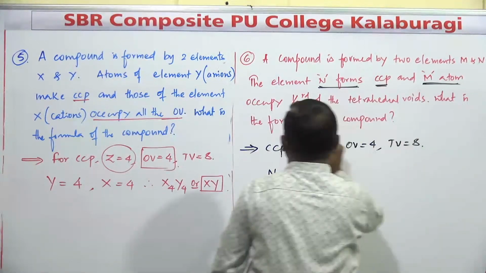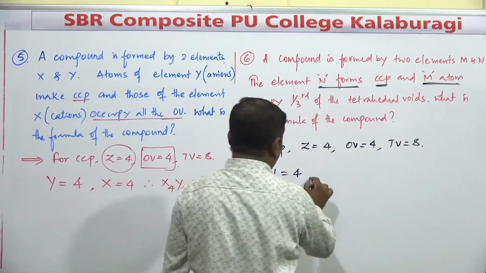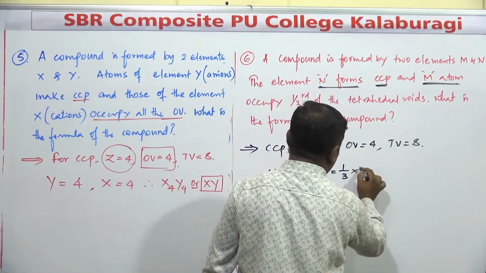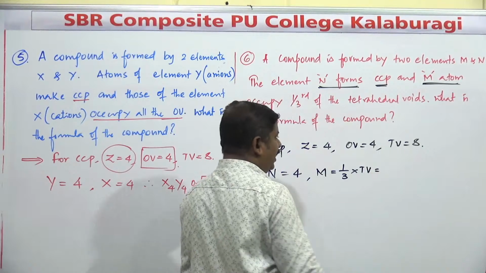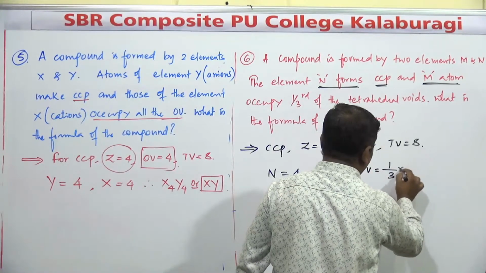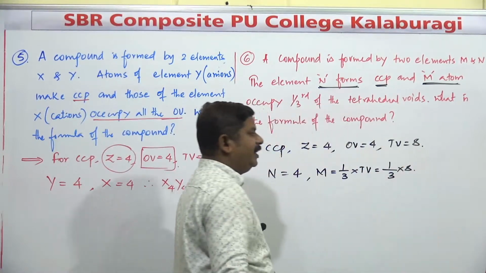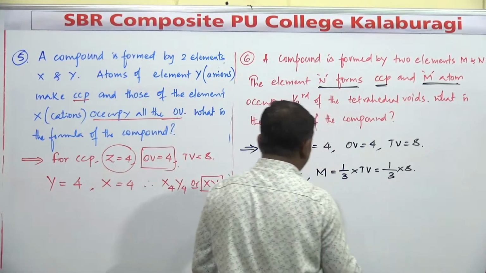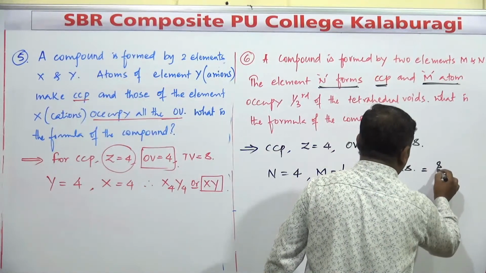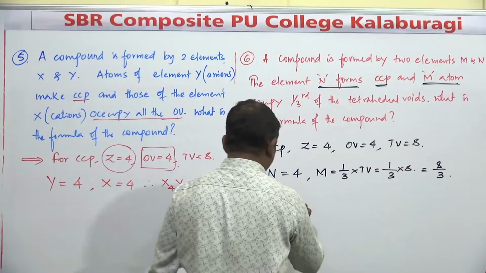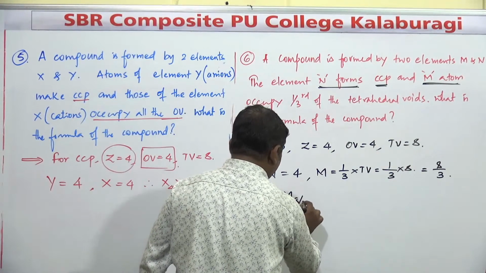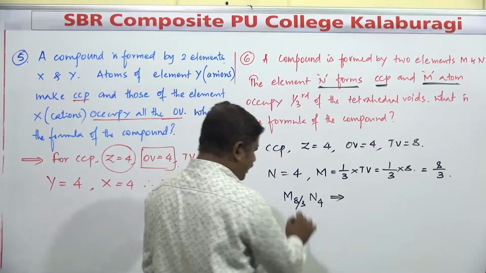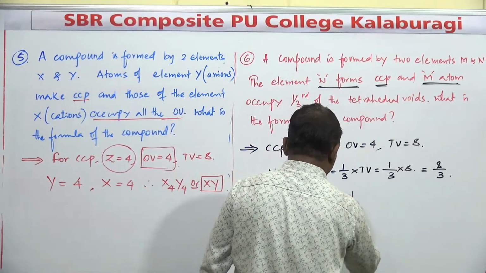And M atoms occupy 1/3 of the tetrahedral void. M is going to be equal to 1/3 of the tetrahedral void. How many tetrahedral voids are present here? 8 tetrahedral voids are present. So the total value of this one is going to be equal to 8 by 3. So M is 8 by 3 and N is going to be 4. To take the simplest value, it should be multiplied by 3.